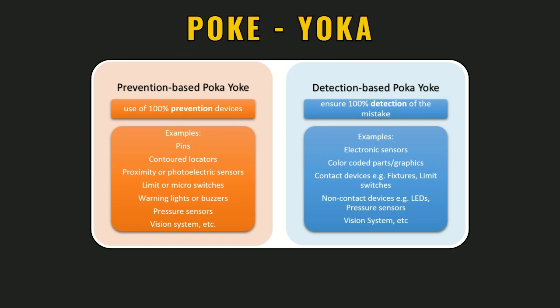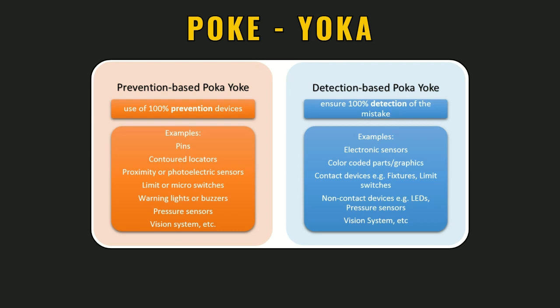Poka-yoke is prevention-based and detection-based. With prevention-based, you're using 100% prevention devices. Some examples here are pins, contoured locators, proximity or photoelectric sensors, limit or micro switches, warning lights or buzzers, pressure sensors, and visual systems.